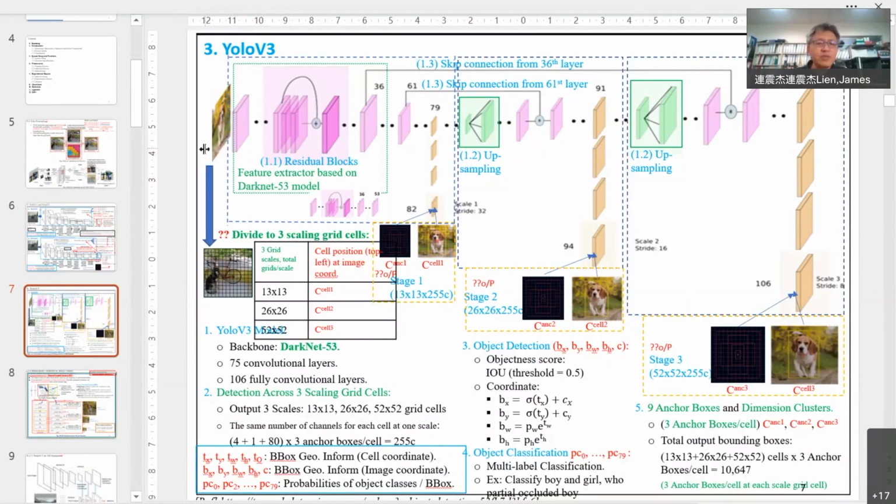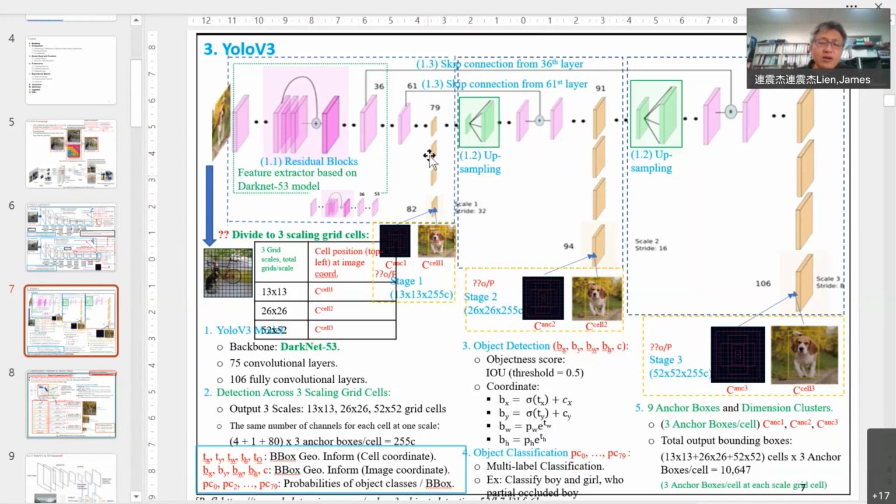So first of all, they do downsampling. They use Darknet, right? They do downsampling, and they have a shortcut. So they apply residual. ResNet, they do apply ResNet. The idea from ResNet. So they do the residual, so a shortcut. And they do downsampling up to here, after 4 or 5 stages.